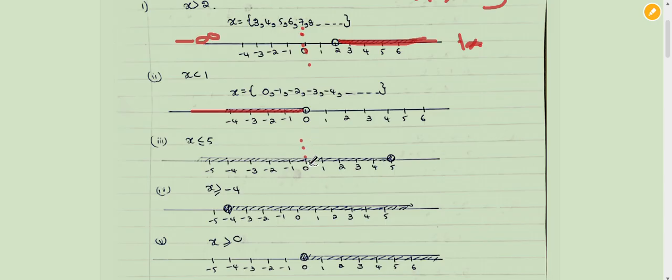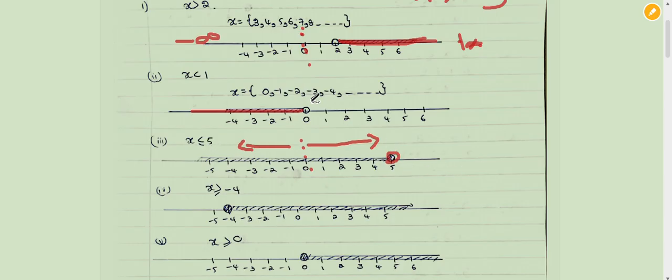Okay, so this is positive infinity, this is negative infinity. So firstly you should draw a circle on the 5, but there is a special point that I have to mention. This is x is less than or equal, right?